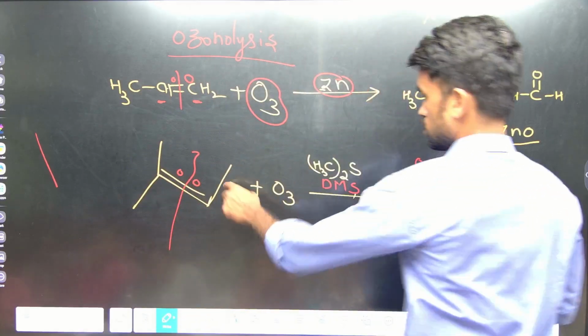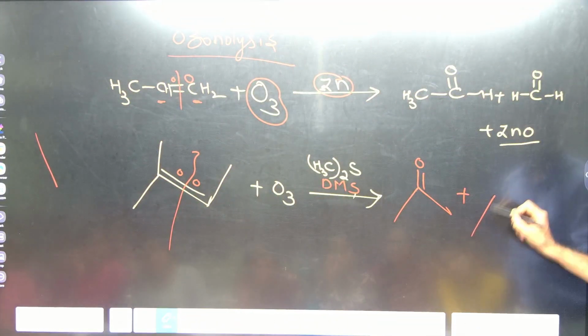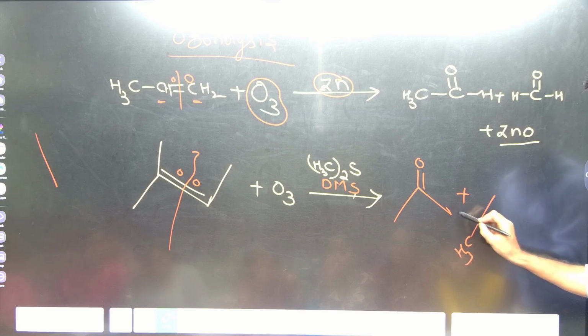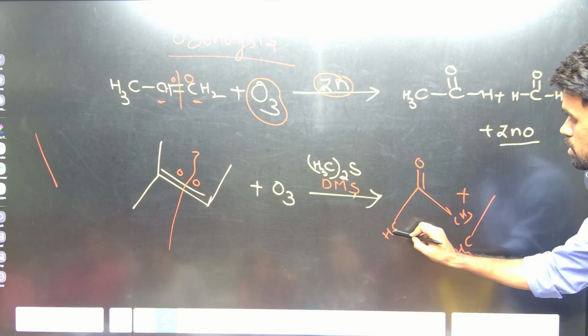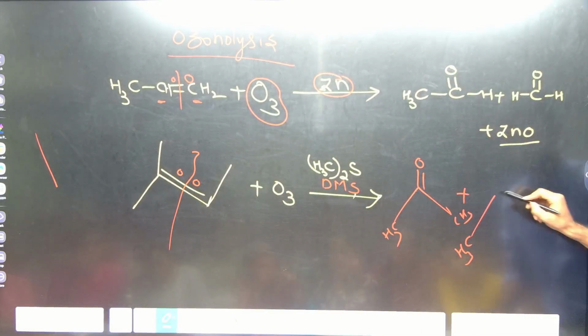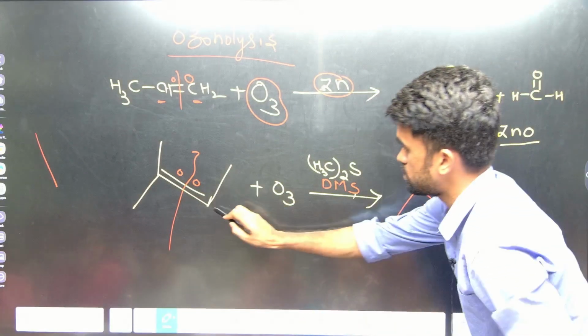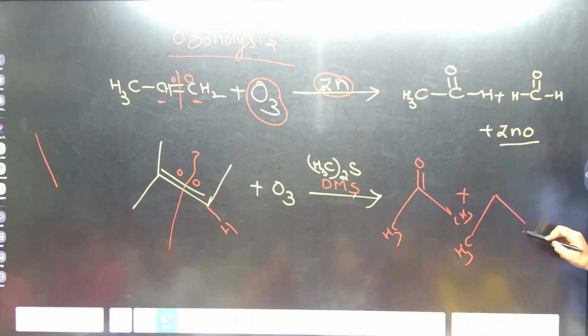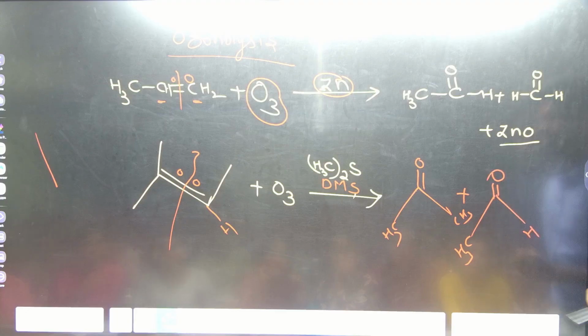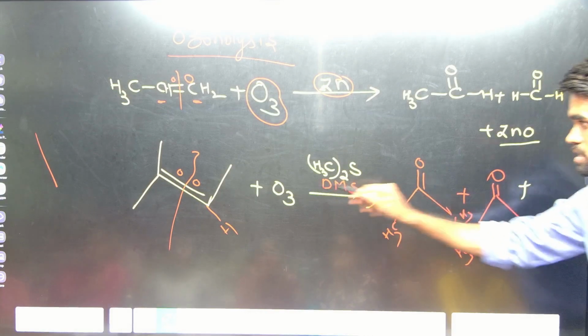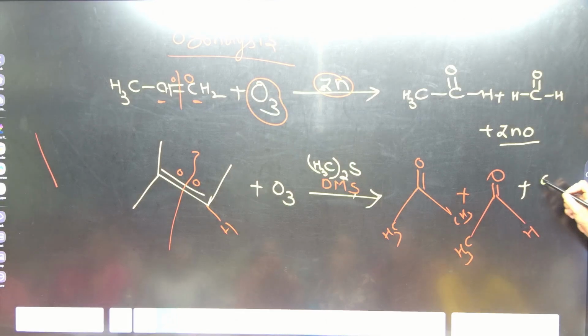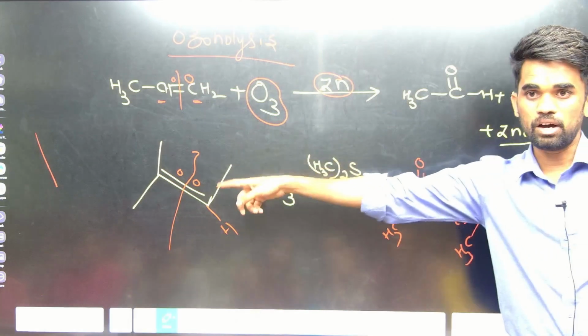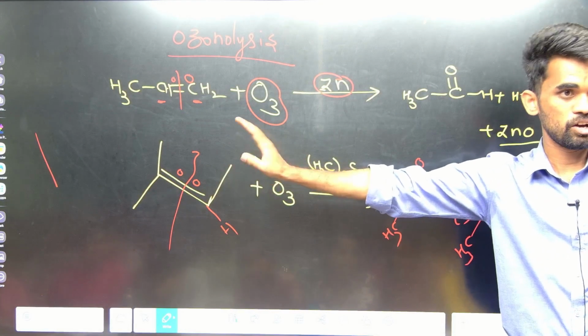This side CH3. There is nothing here, so what do we have? Hydrogen, as it is. This is your final product. Plus DMS, with one oxygen, becomes DMSO, CH3 twice, S and O. That's it. You got how we are breaking these double bonds? That is your final product.